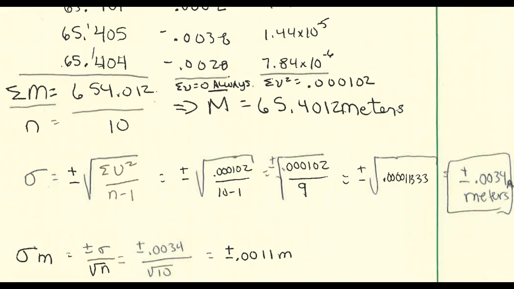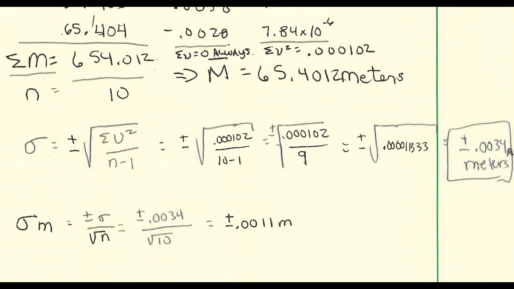That means if I go to my most probable value, 65.401 meters, and I subtract this number, and then add that number, that's the range in which 68% of my data is going to be captured.